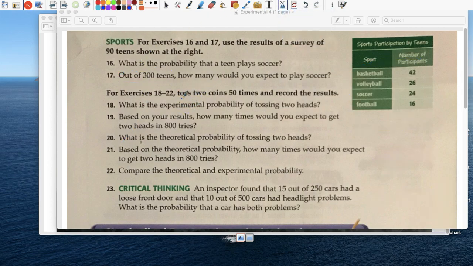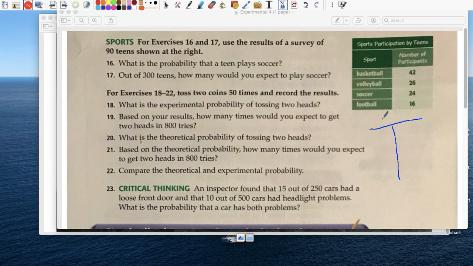Toss 2 coins 50 times and record this. Oh, jeez. Hopefully you'll skip. Well, can we do this? I'm just going to make one up, and you can make one up too.